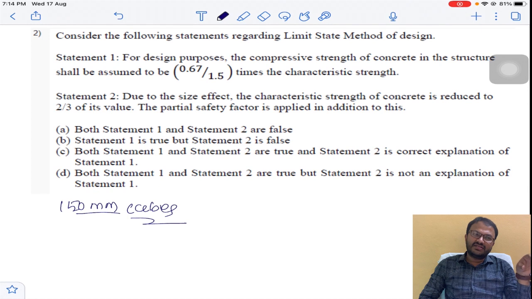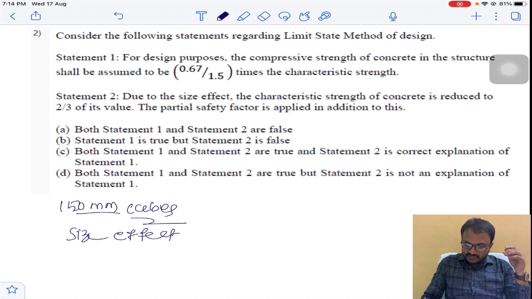Practically we provide columns, beams and so on, with a variety of dimensions. This dimensional variation will have some effect on the strength of the concrete. This effect is known as size effect.